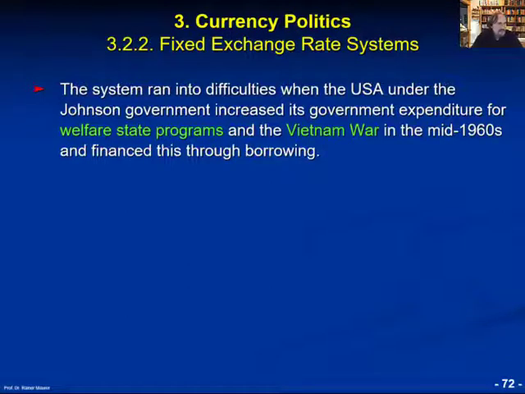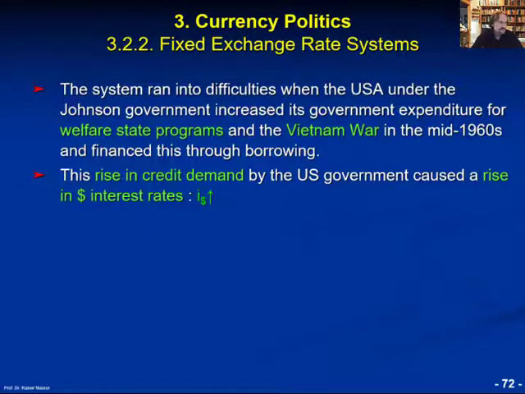The system ran into difficulties when the United States, under the Johnson government, increased its government expenditure for welfare state programs and the Vietnam War in the mid-1960s and financed this through borrowing. The rise in credit demand by the US government caused a rise in dollar interest rates.